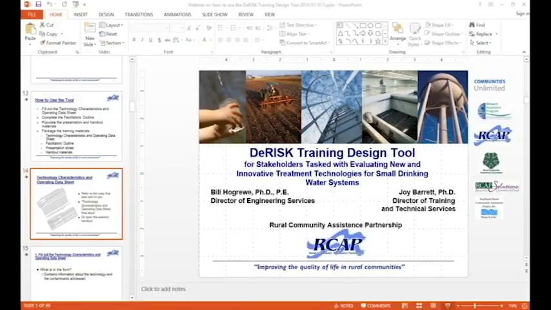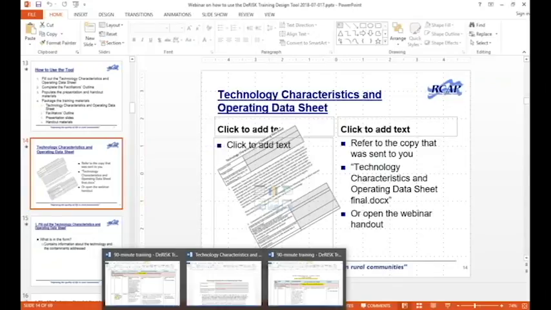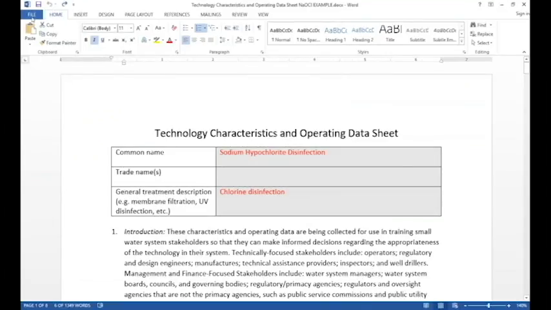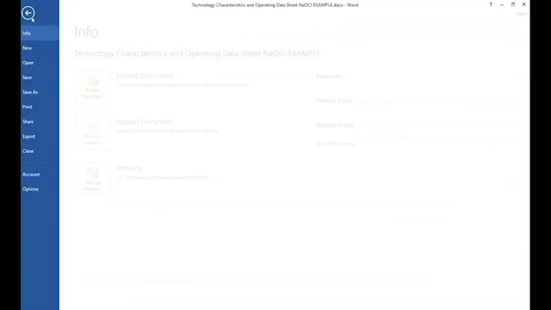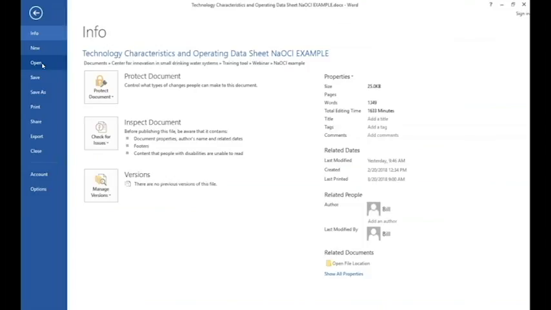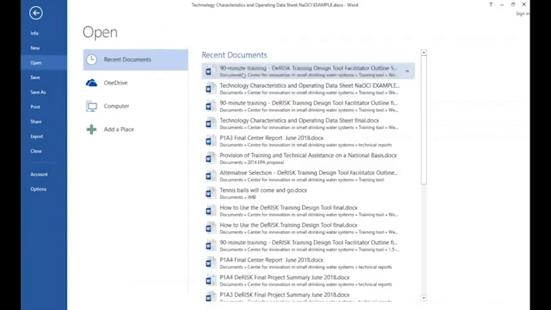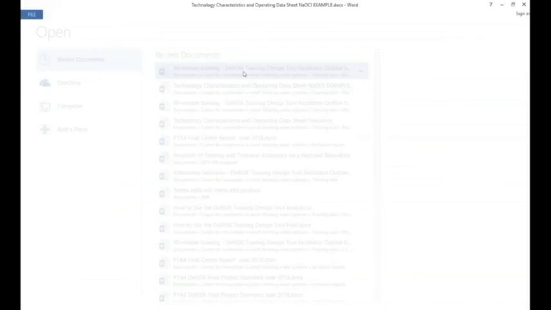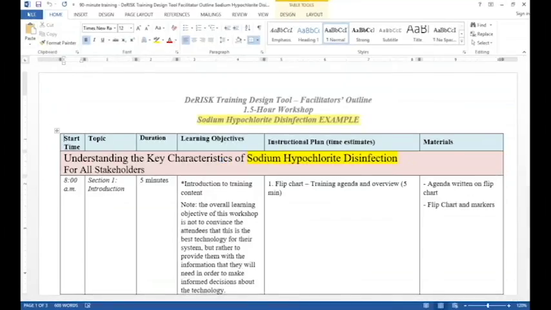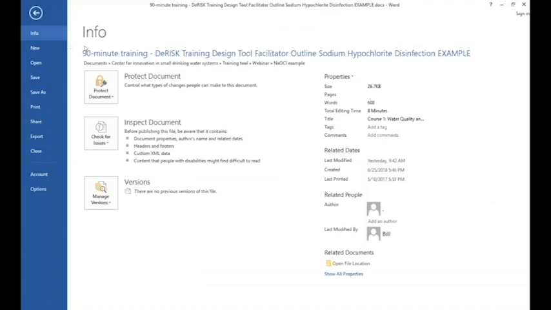But what I'm going to do is go ahead and open up that file on my computer so you can see it, and it has disappeared. Well, drat. All right, so we're going to find it here. We're going to do a quick fix, and find, there it is right there.